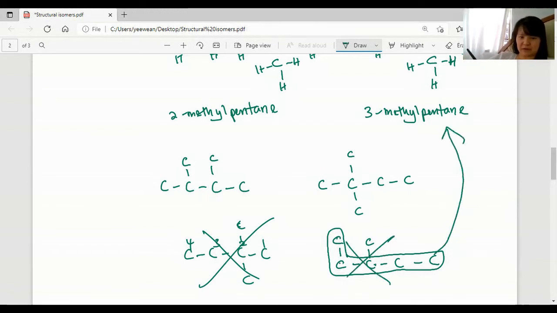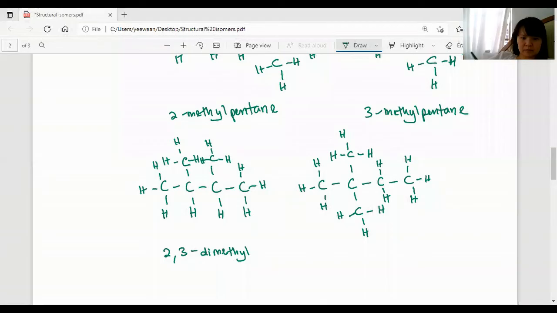So this is not valid as well. Let's fill in the other two structures. So this is 2,3-dimethylbutane. This is 2,2-dimethylbutane.